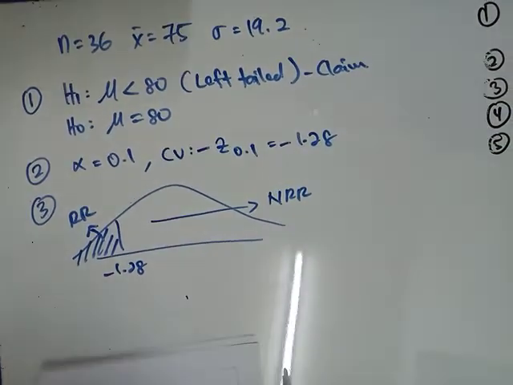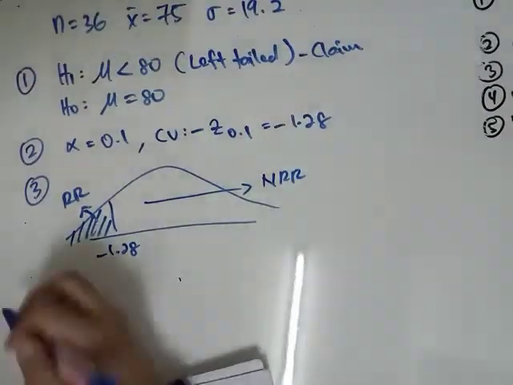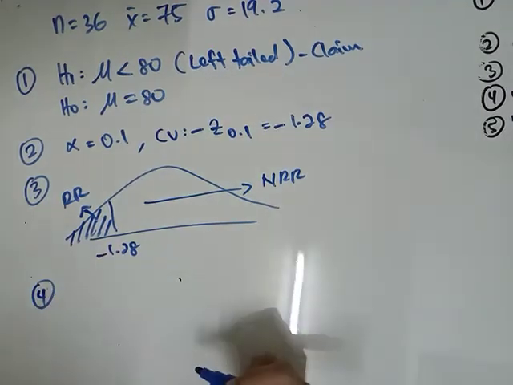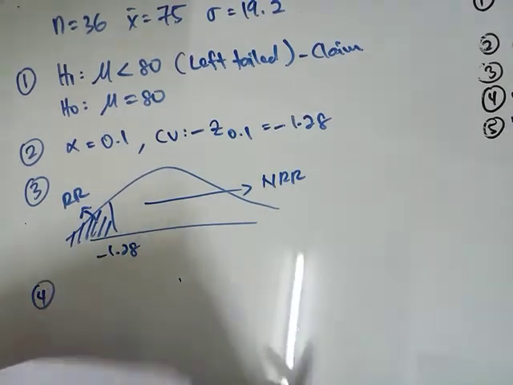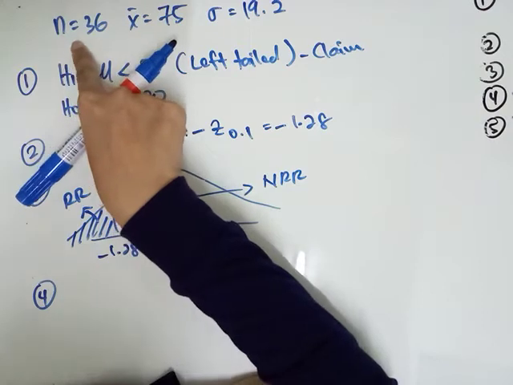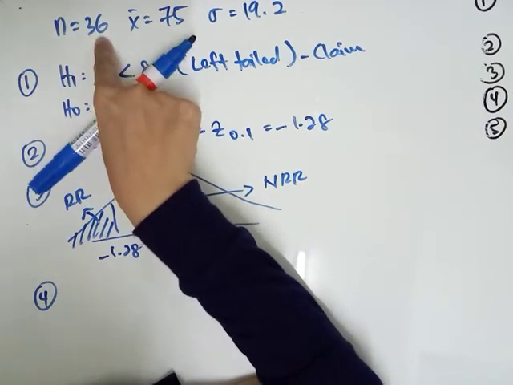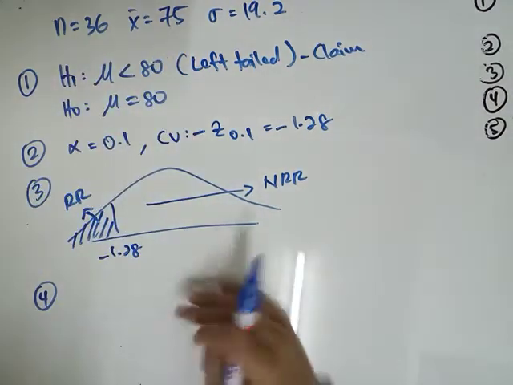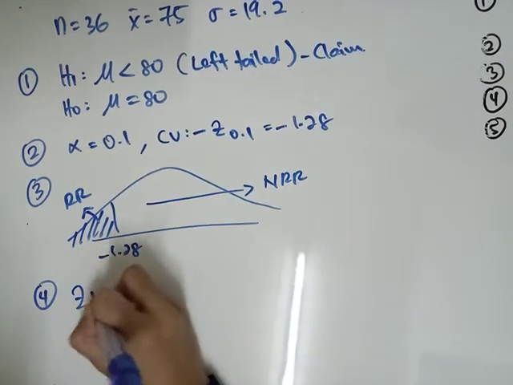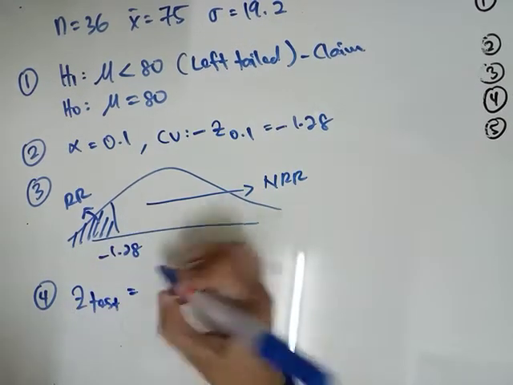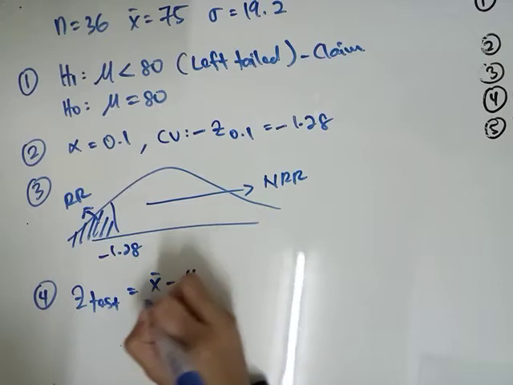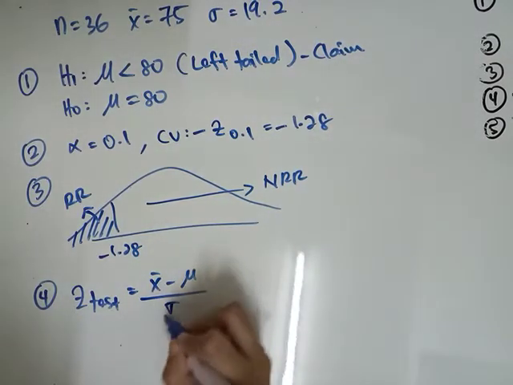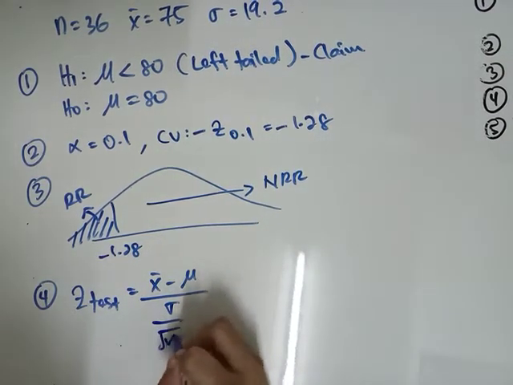Okay, and then step 4. Step 4, use the formula. Since the sample size is large, more than or equal to 30, we need to use the Z-test formula. Okay, sample mean minus population mean, divided by population standard deviation over square root of sample size.